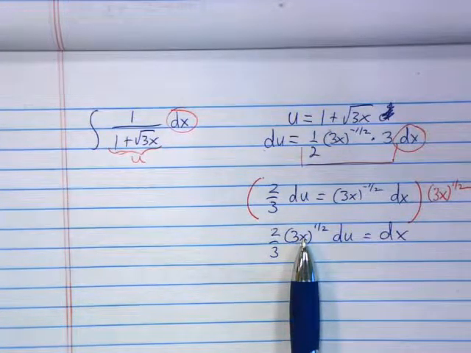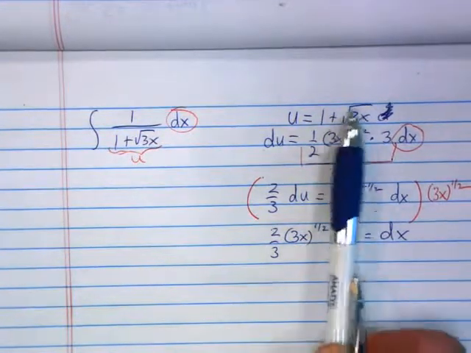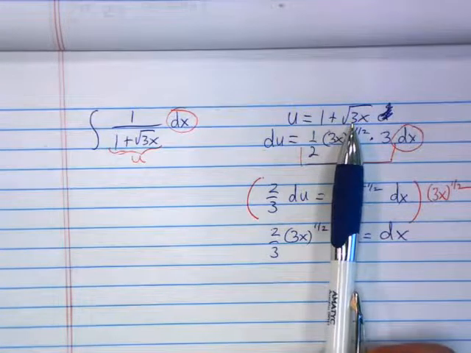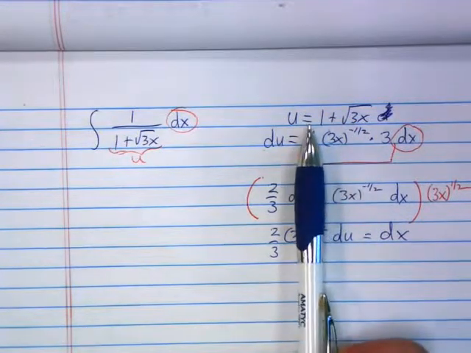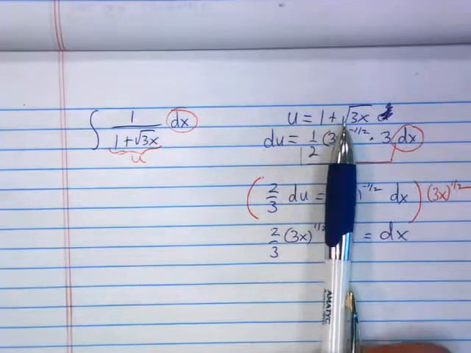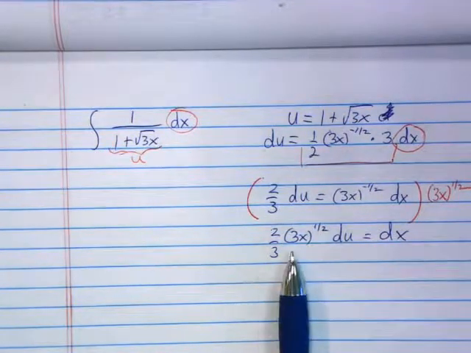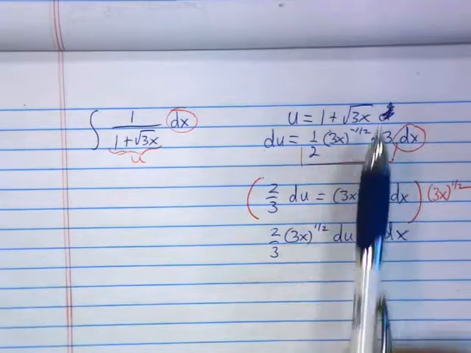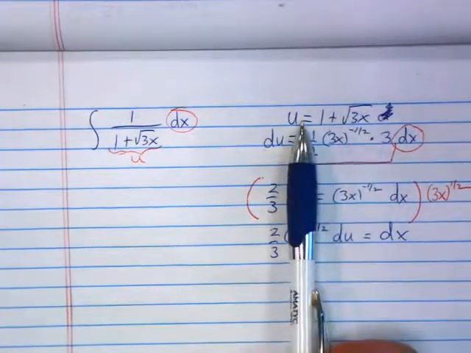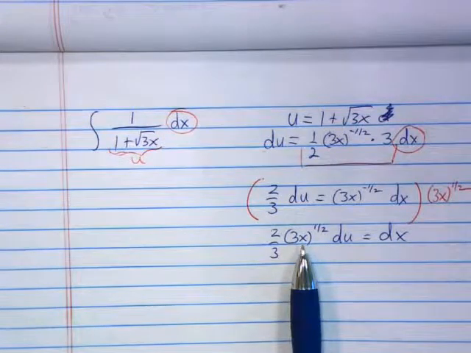It's the same sort of back substitution problem that we've done before. Exactly right. The square root of 3x is u minus 1, isn't it? And isn't this just another symbol for the square root of 3x? Yeah, because a 1/2 power is a square root. So the square root of 3x is u minus 1.